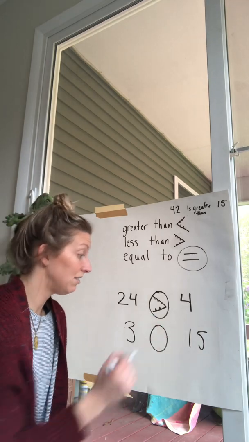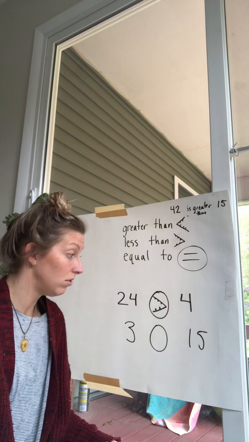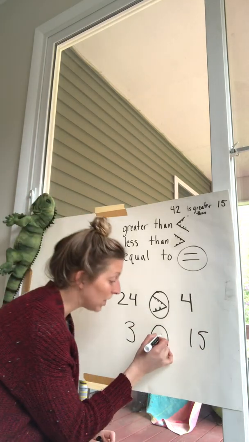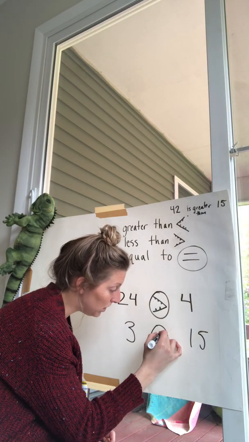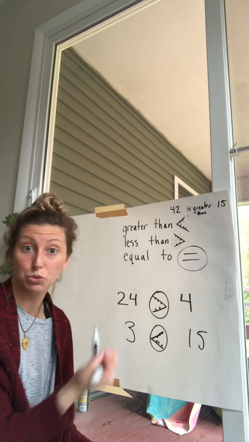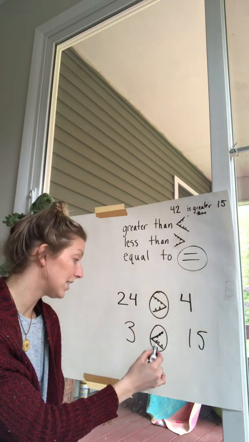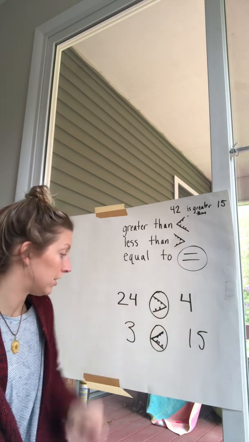Well, 3 is less than 15, so the alligator is now turned the other way because it's still eating the bigger number. But when we say it, we read it just like we read books, left to right. 3 is less than 15. 24 is greater than 4.